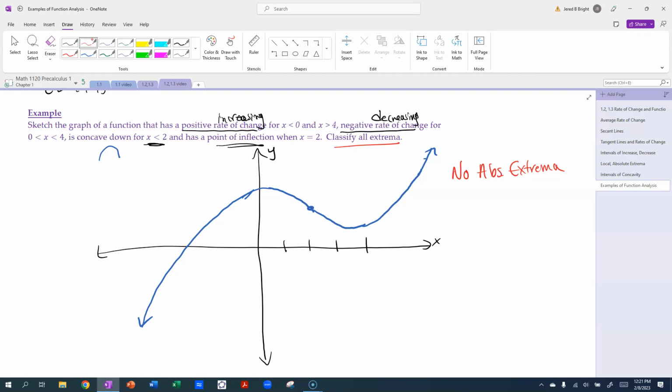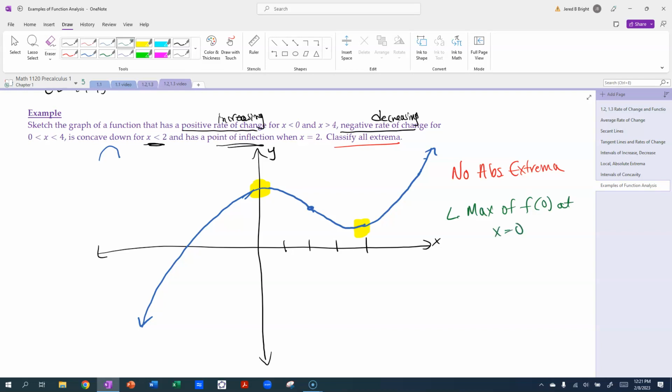What I can say though is that there are local maxes and mins occurring, right? So I have a local max at x equal to 0. I could say a local max of f of 0 at x equal to 0.